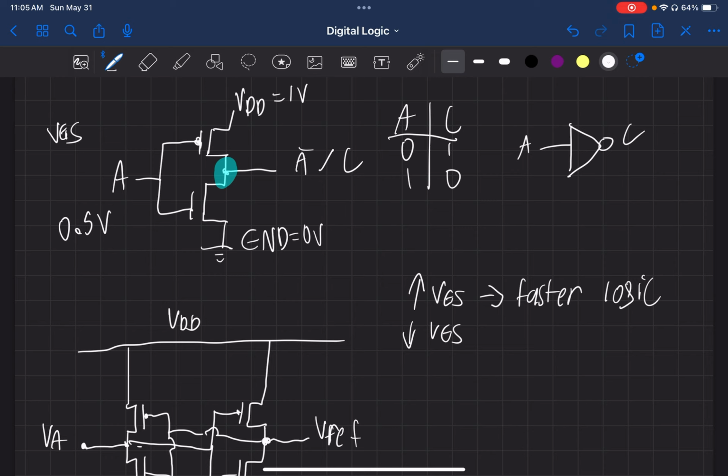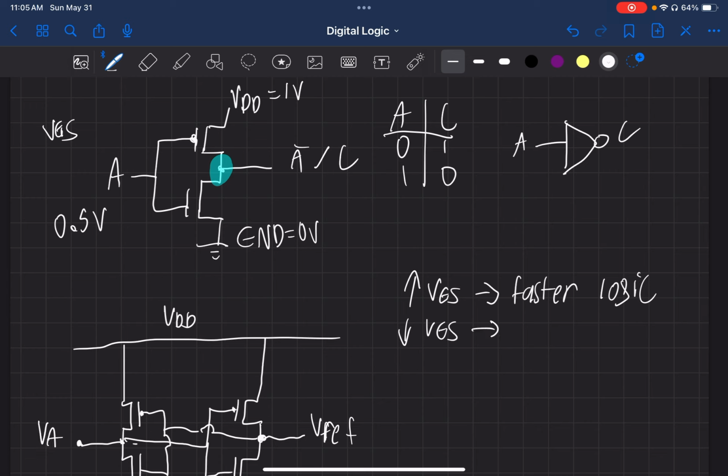I'm trying to figure out how I want to describe this, but pretty much what I'm trying to say is, if you're stronger on one side versus another, if you have a solid one or zero relative to the specs of the transistor, that's what I mean by up and down. Basically, it's the drive strength. So if you're in this in-between value at 0.5, it might be a one, but it's going to take a long time. So just go with me here.